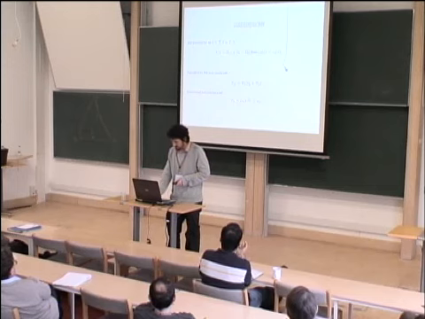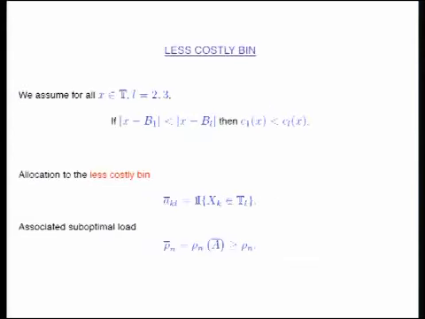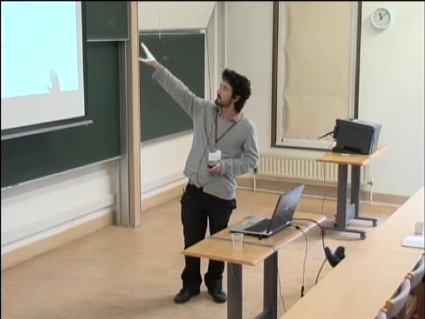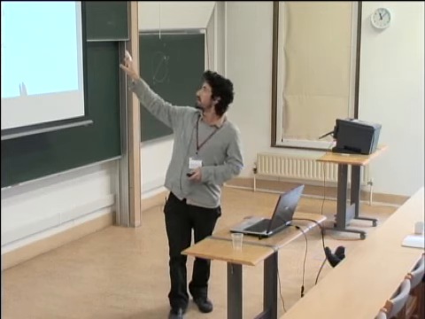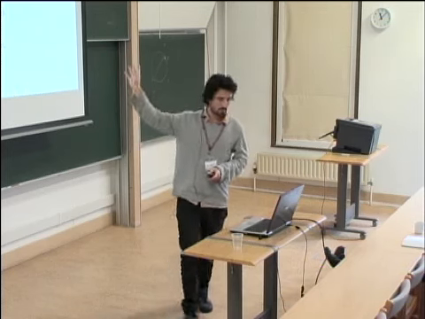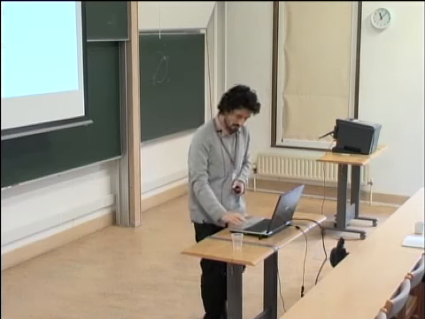It's in fact very close, because it's very easy to see. Just to recall the model, you have n IID points in this triangle of unit area. The cost function satisfies this invariance by rotation, and also the fact that if x is closest to b1, then the cost is less than for any other bin.